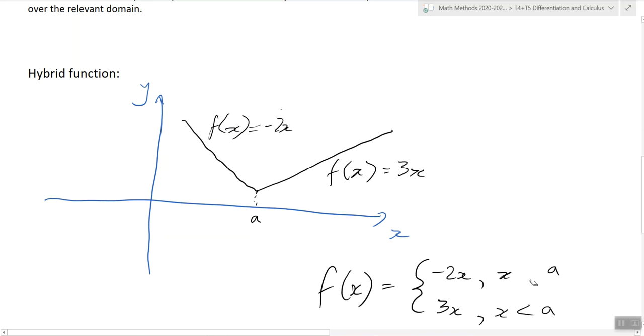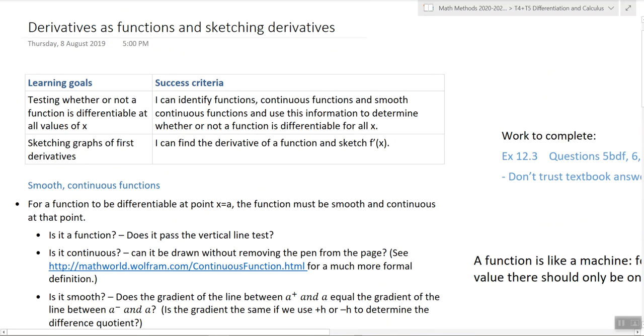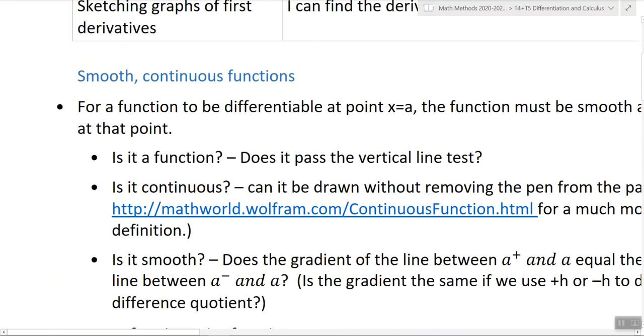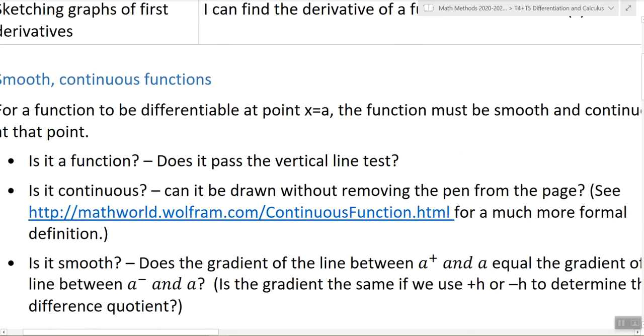Are there any questions? So the point is, in this three-step check for determining if it's differentiable or not, you've got to think about, at that point A on the graph, does the gradient of the line between that point and more than A, so plus A, equal the gradient of the other half of the graph?